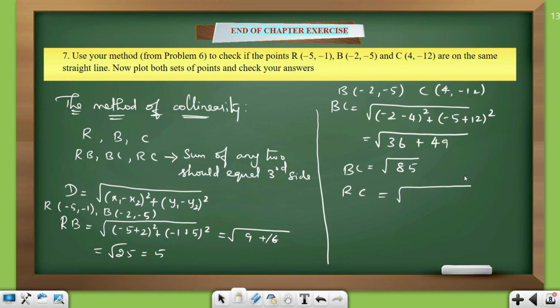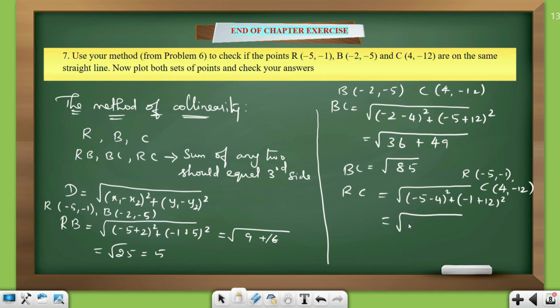The point A is (-5, -1) and C is (4, -12). So minus 5 minus 4 whole square, similarly minus 1 plus 12 the whole square.